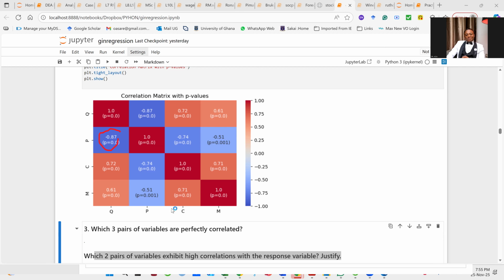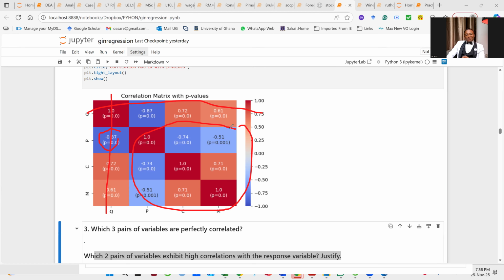Now remember, you will not look at the column that has the dependent variable. So if you look at this column here, here is there. If you look here, here is there. So the information you're looking for are just those ones in this corner here. The one with the most highly significant coefficient, that is the one that is mostly multicollinear.